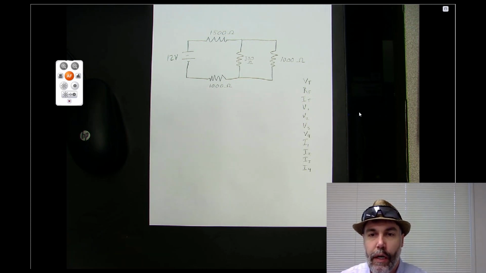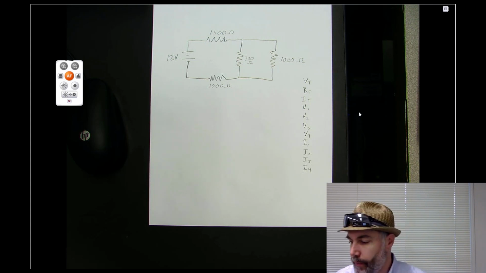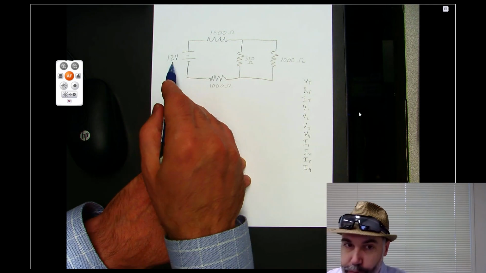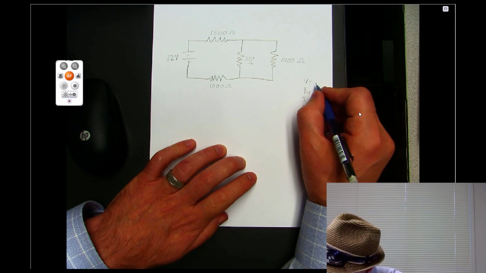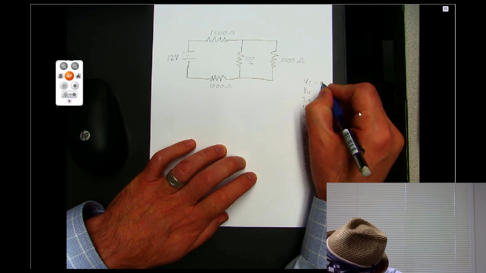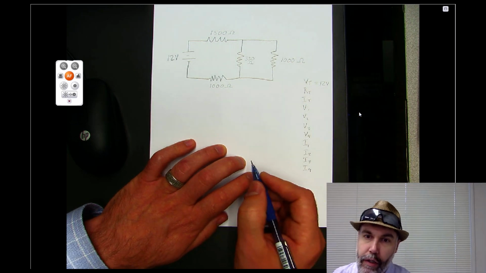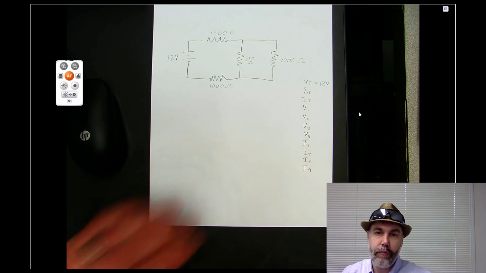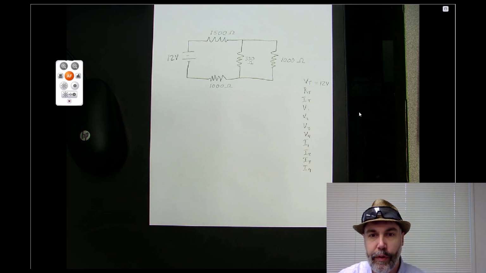Is there anything we can write down before we do any math? Yep, the total voltage. That's just the voltage from the power supply. So V total is 12 volts. Okay? And then the next thing I would probably figure out is the total resistance.